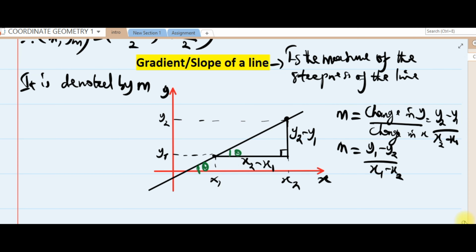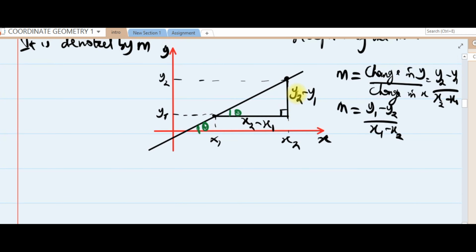So from our trigonometry, tan theta is always opposite over adjacent. Here our opposite is y2 minus y1, and our adjacent is x2 minus x1. And looking at this, we have something we've known before. This is the slope, check it.